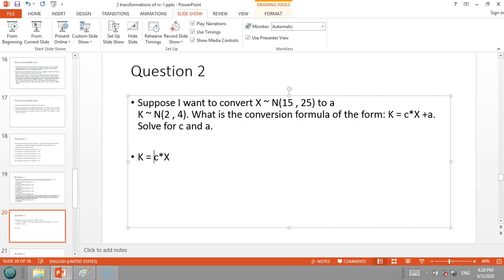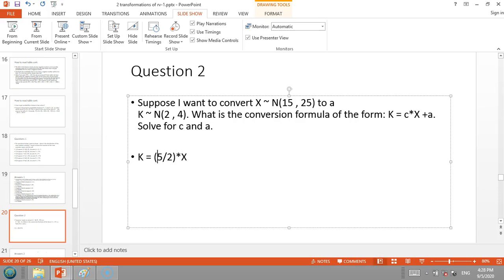So what is the c going to be? I have a gut feeling. The first thing, the variances have to match. So I think it will be 5 over 2, 5 over 2 times x.